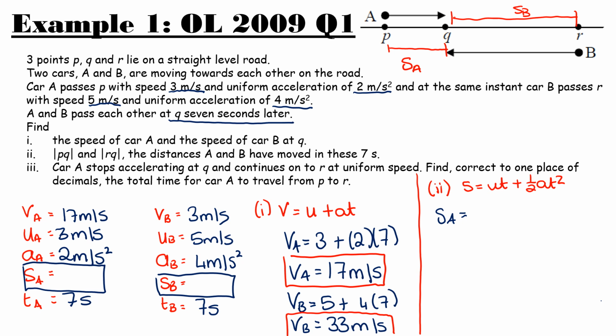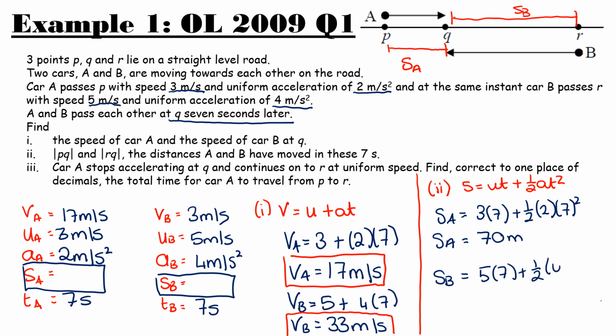So sA is equal to ut plus a half at squared, which gives us 49 plus 21, which gives us 70 meters. sB is equal to ut plus a half at squared.